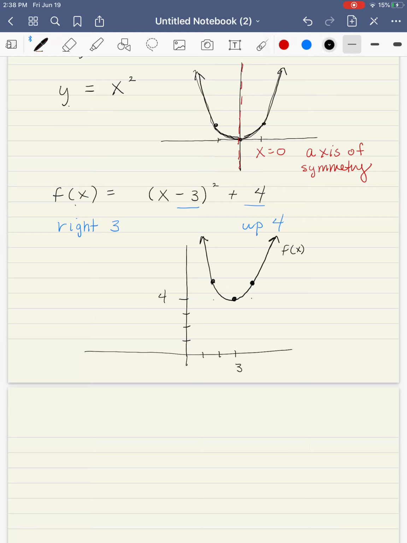I want you to look at f of x, this graph that we just drew here, and I want you to figure out what the axis of symmetry of that graph would be. And draw it with a dashed line, and then write the equation of that line. And remember, the equation has to have an x or a y or both in it to be an equation of a line. So see if you can do that.